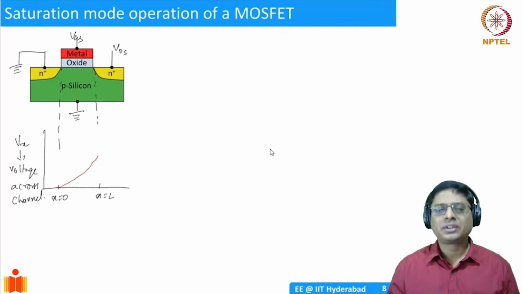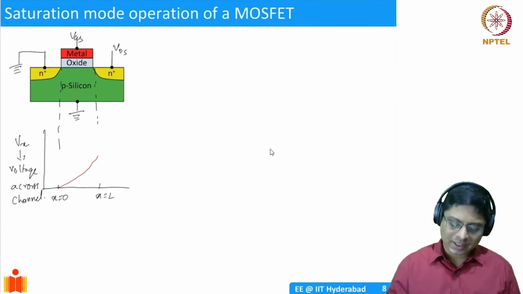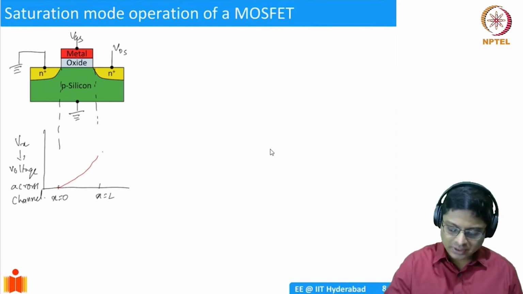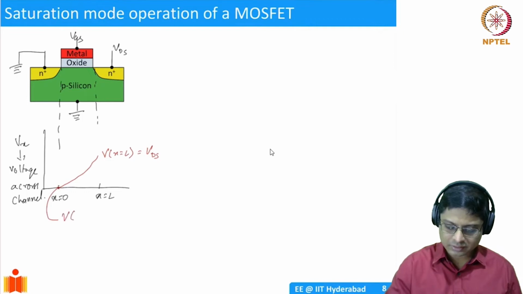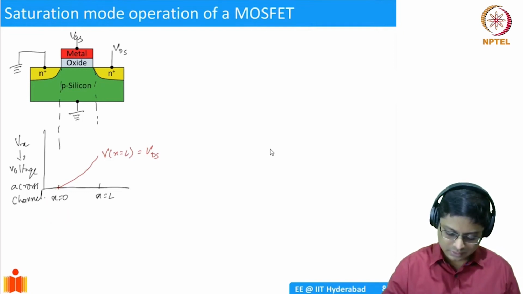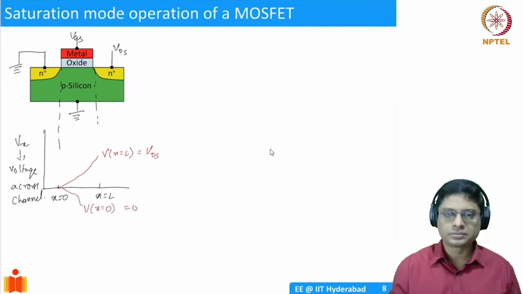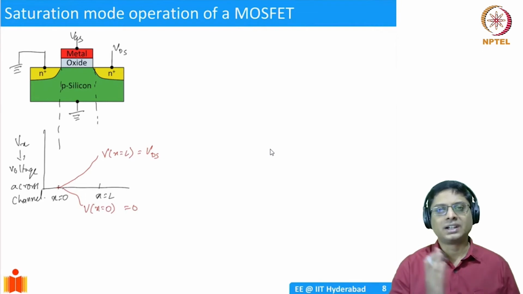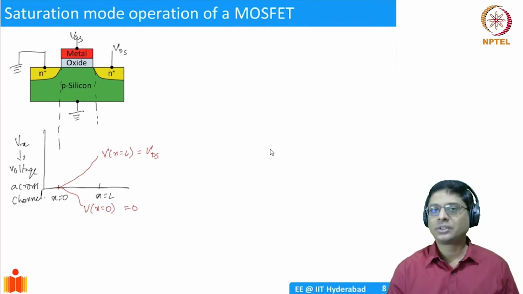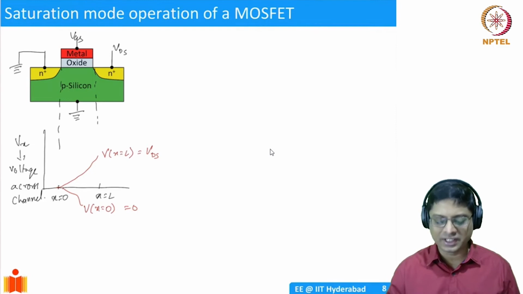It also makes sense because at x equal to L, V of x equal to L should be equal to VDS, and V of x equal to 0 should be equal to 0, right? Source is grounded. So at the left edge of my channel, I should have 0 voltage. At the right edge, I should have a VDS.